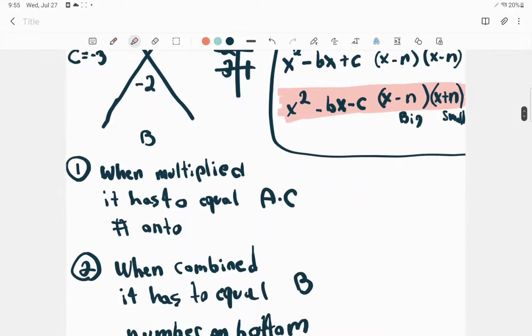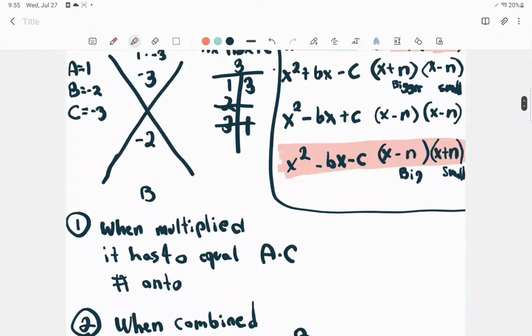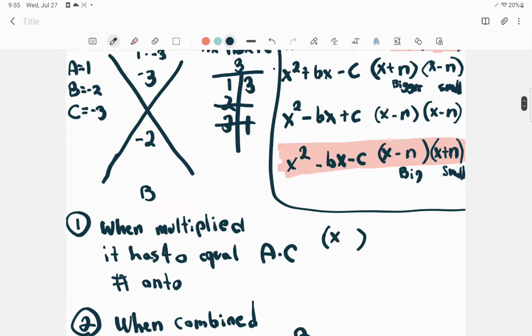So look at how the problem says that we need to do this. And I'm going to do exactly what it says right there. So I'm going to write x minus, then I'm going to put x plus. I should have done the first one bigger, but it doesn't matter. I have it already.